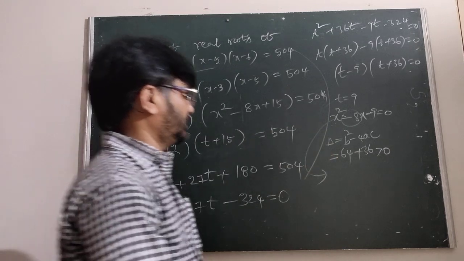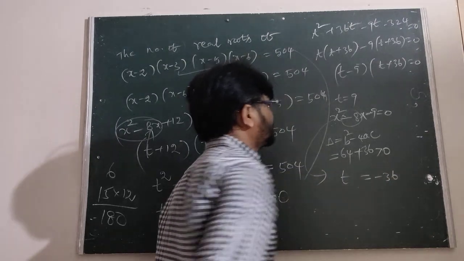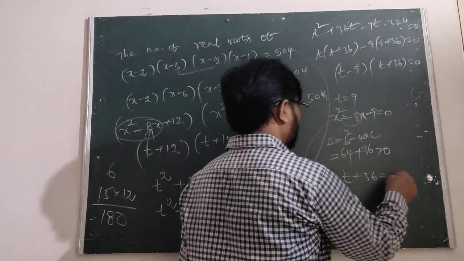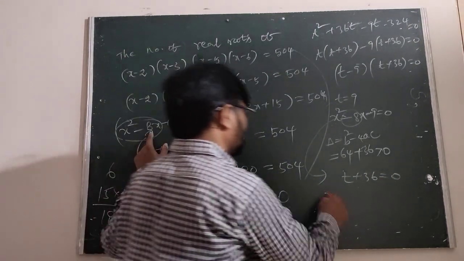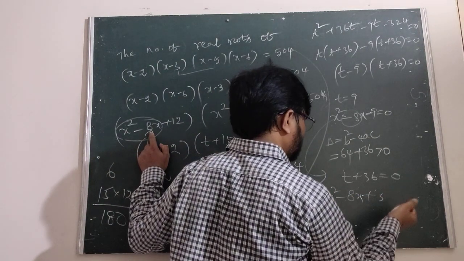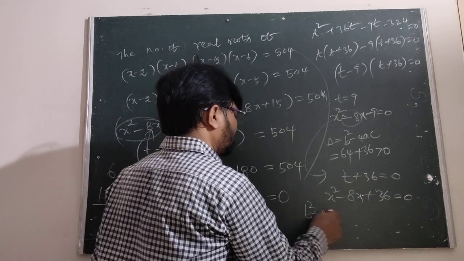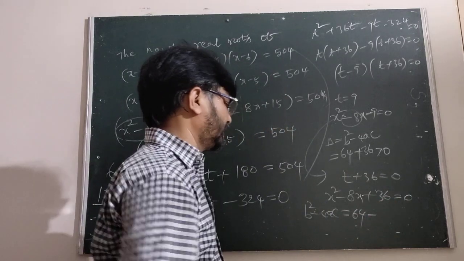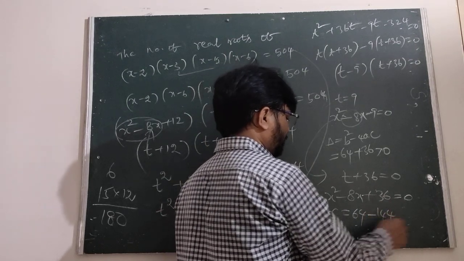Real and distinct. But the other one is t minus 36 or t plus 36 equal to 0. Therefore it will be x square minus 8x plus 36 equal to 0. b square minus 4ac, 64 minus 4 into 36. 4 sixes are 24, 4 threes are 12, plus 2, 144.